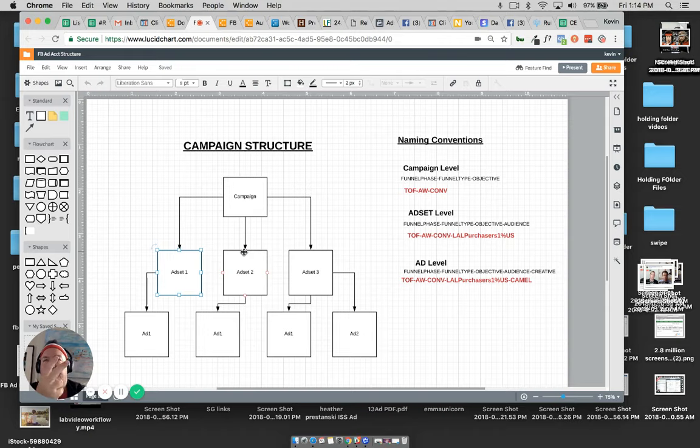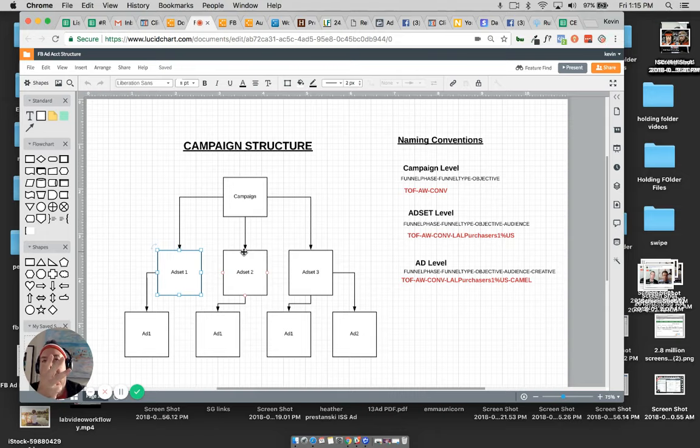Brendan Burchard converts at $1,200 a sale, and Amy Porterfield converts at $500 a sale. So what you would do is scale the budgets up on those campaigns differently based on the cost per sale, even if they all converted.